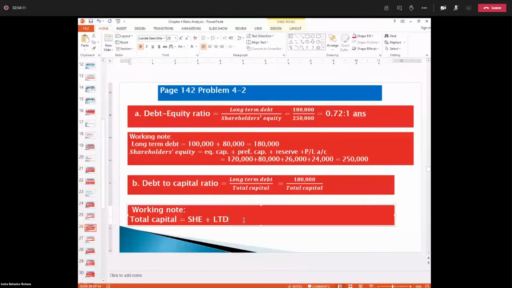So how much is the total capital formed? Shareholders equity is 2,50,000, which we calculated, plus long-term debt 80,000, which is 3,30,000 in the denominator.